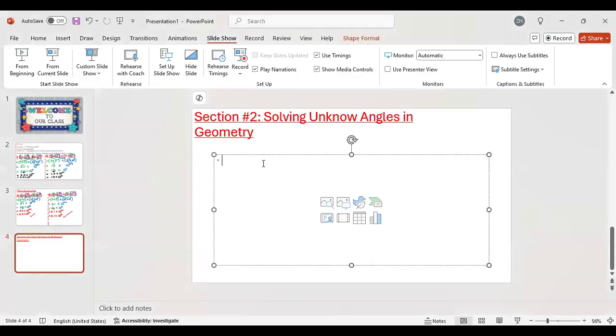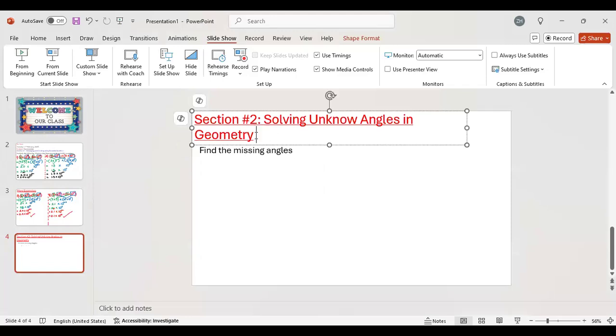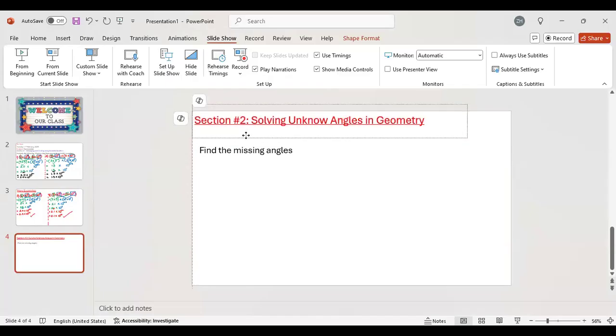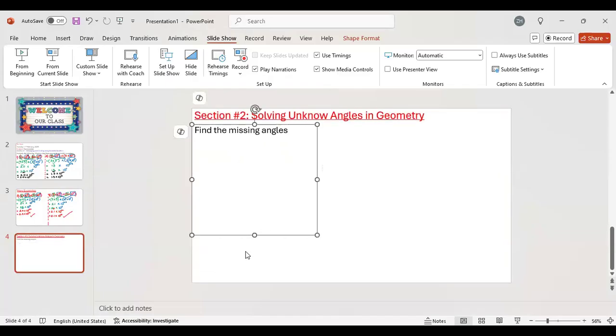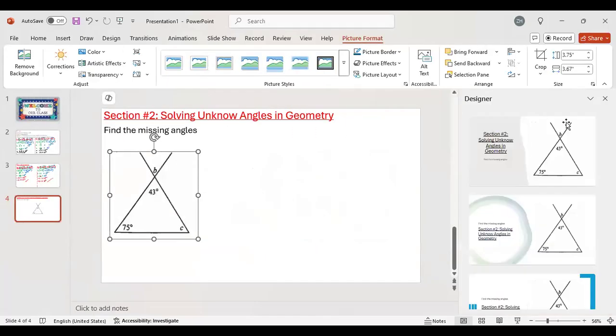So please draw the shape for me, please. It is definitely a triangle. So you want to draw the shape right here.